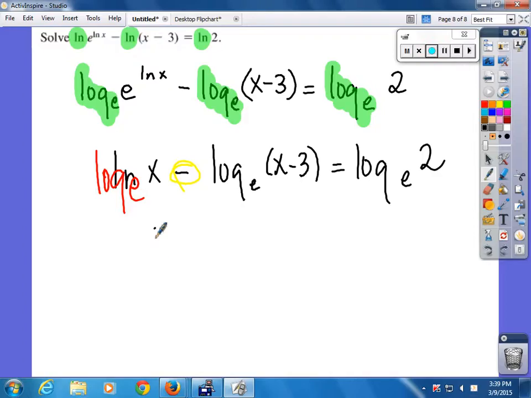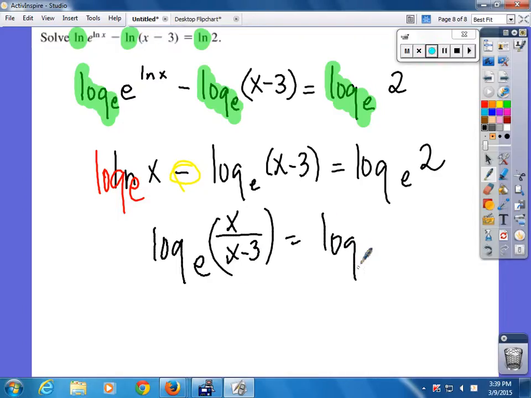Okay, we can go log base e of x over x minus 3 is equal to log base e of what? 2. Now what? Set them equal to each other. So x over x minus 3 is equal to 2.